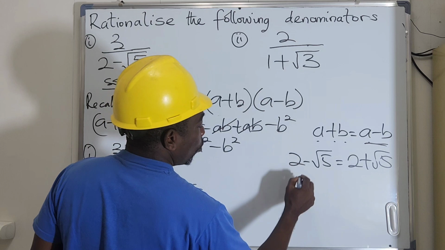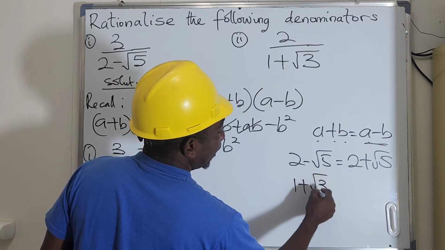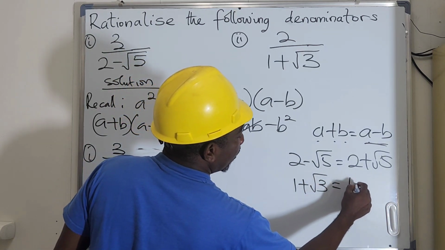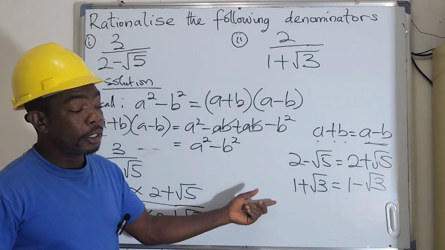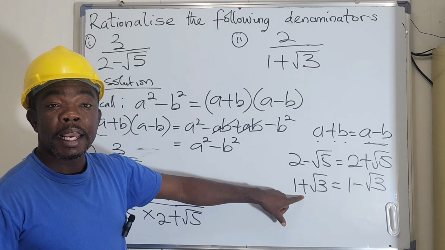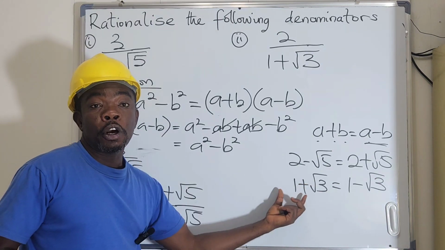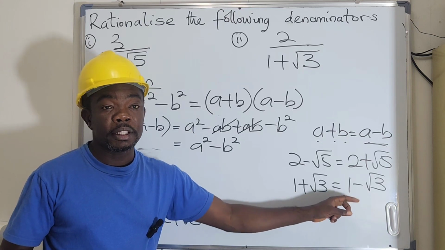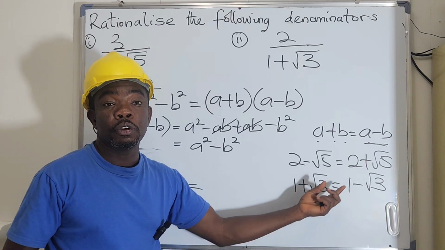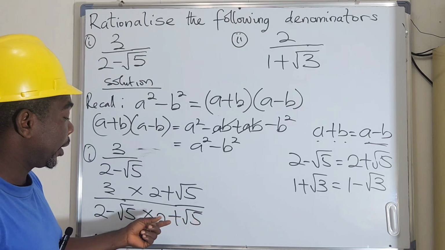When we have 1 plus root 3, this conjugate equals 1 minus root 3. So that is what conjugate means. It's for us to change the sign in between the two numbers. If it is positive, we change it to negative; if it is negative, we change it to positive. That is what conjugate means.